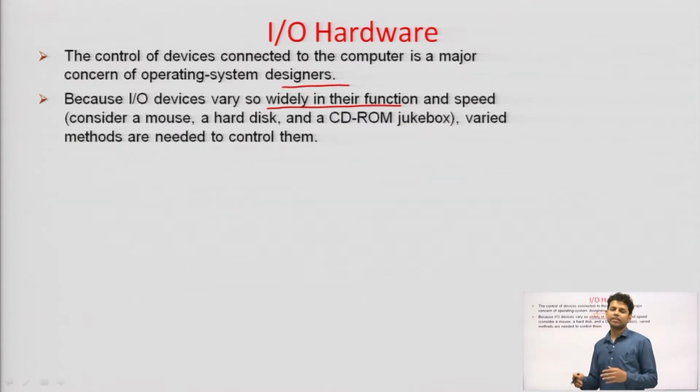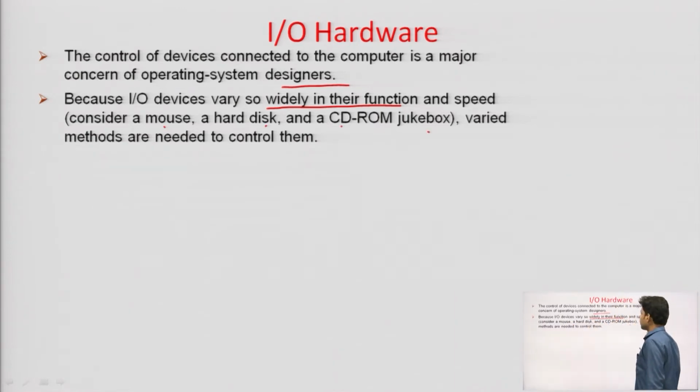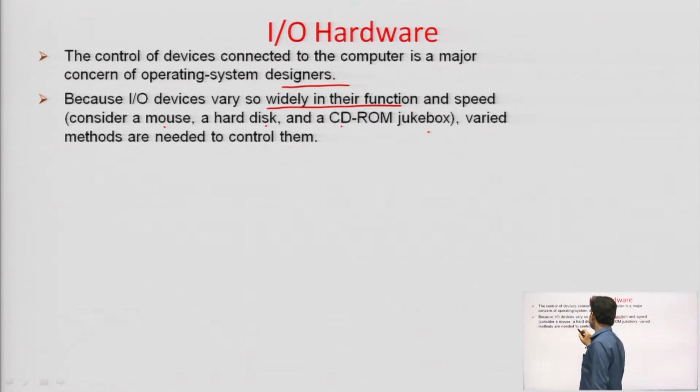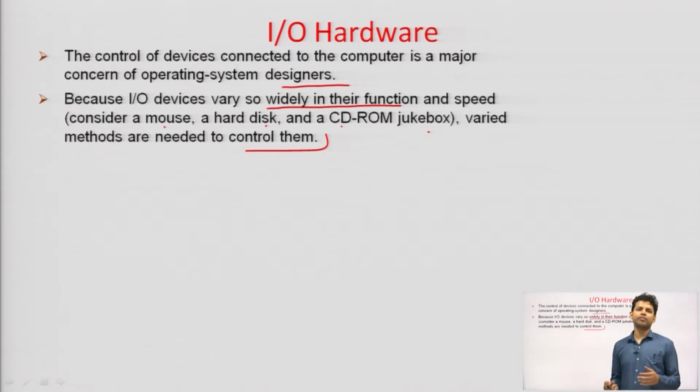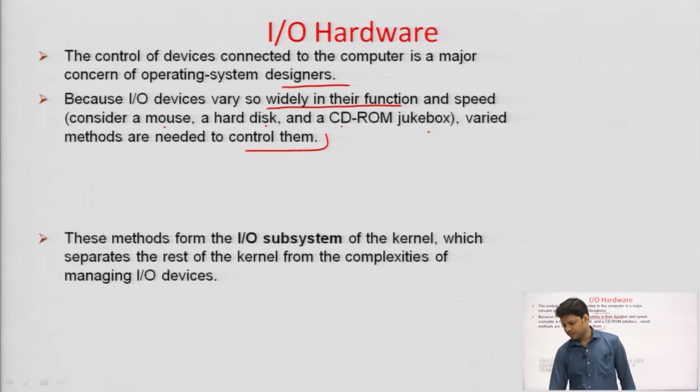Each and every device has a different speed. Consider a mouse, a hard disk, and a CD-ROM jukebox. Varied methods are needed to control them. They cannot be controlled in a single way or with a single structure, because each device has its own properties, attributes and speed.